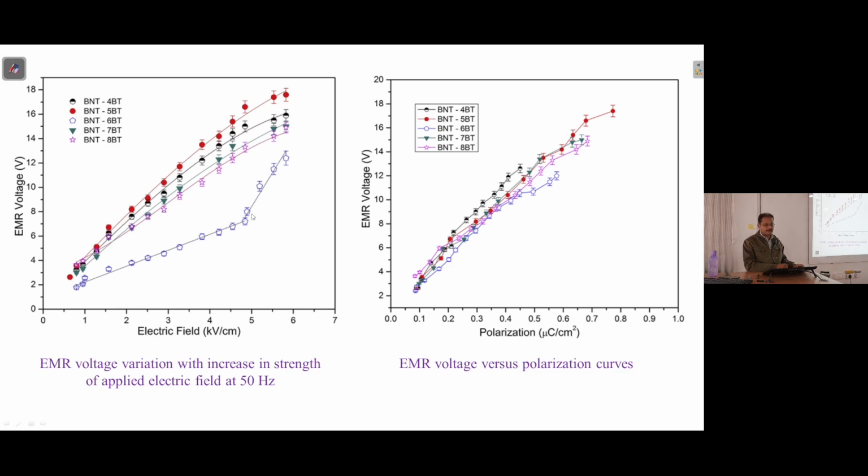Beyond this, if you keep increasing the voltage, a steep curve follows. Our input voltage machine limitation is there, so we could not test beyond this, but this trend at least gave us a reason for the lower performance of this material.